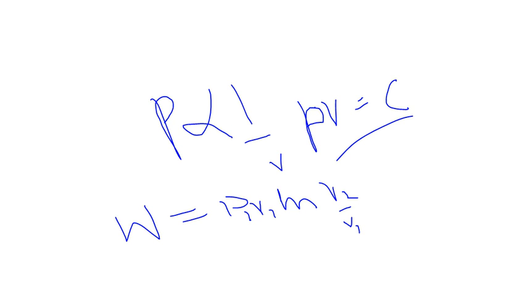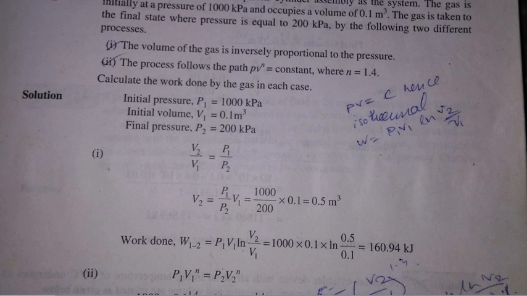So this is your equation. You know the initial pressure, the initial volume, and ln of 0.5 by 0.1, that is final volume by initial volume. So ultimately you get 160.94 kilojoule. That is the answer for the first question.